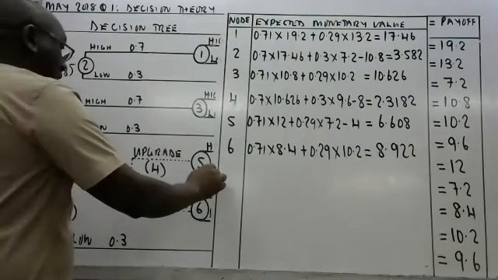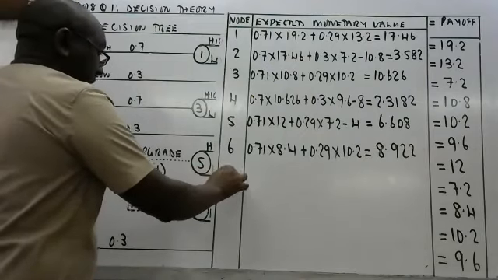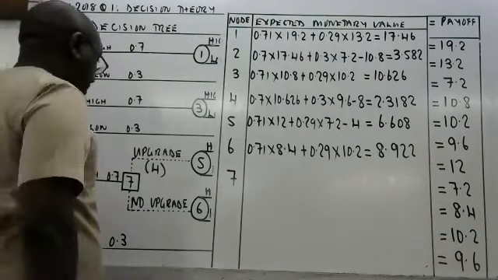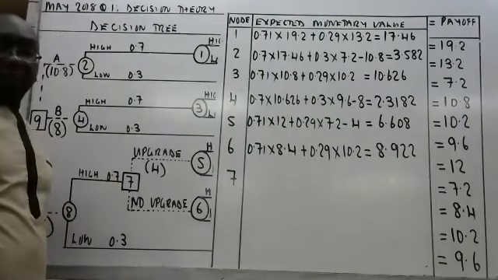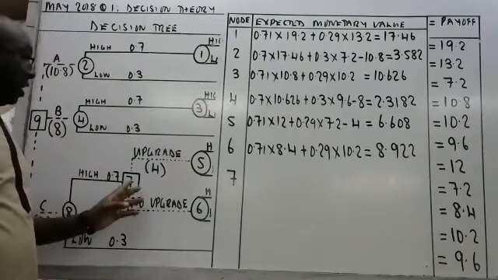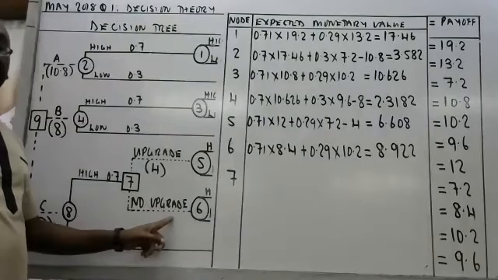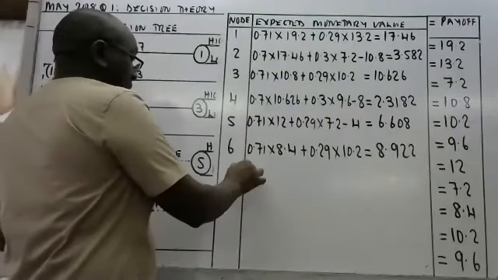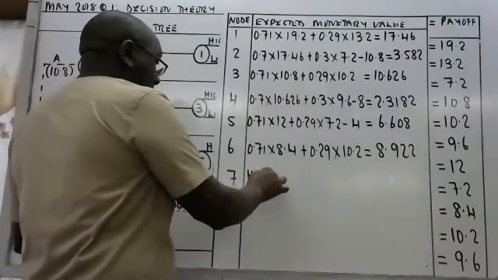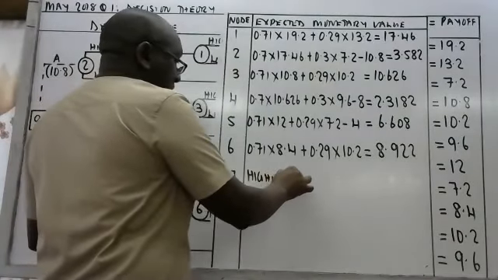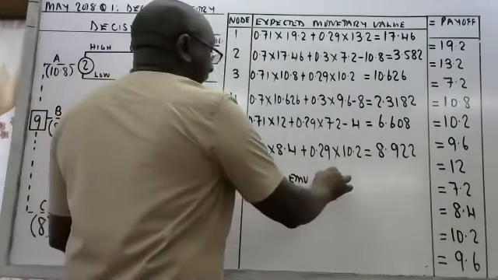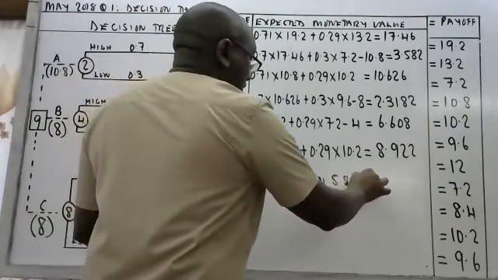Then I go now to number 7. When I get to number 7, the arrows moving out are incomplete. So that is the case of selecting. So it is the higher EMV in 5 and 6.